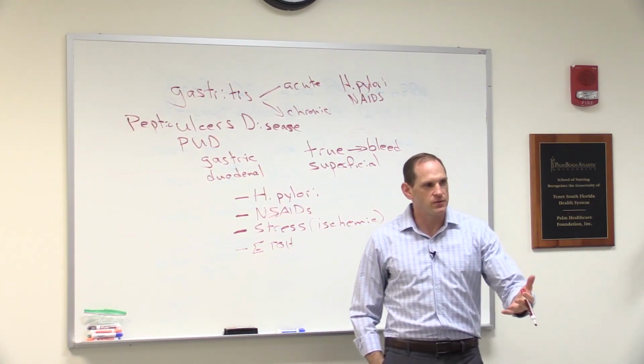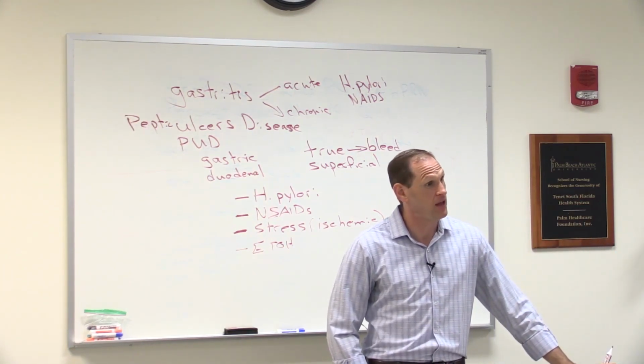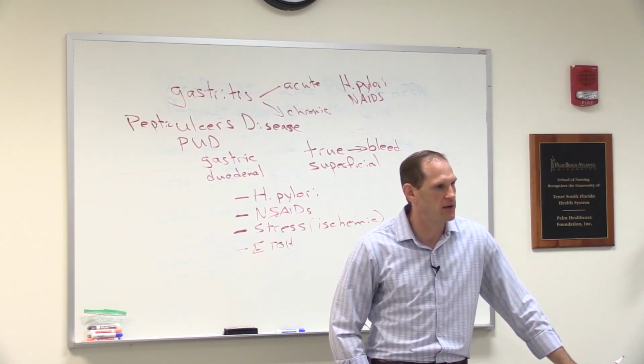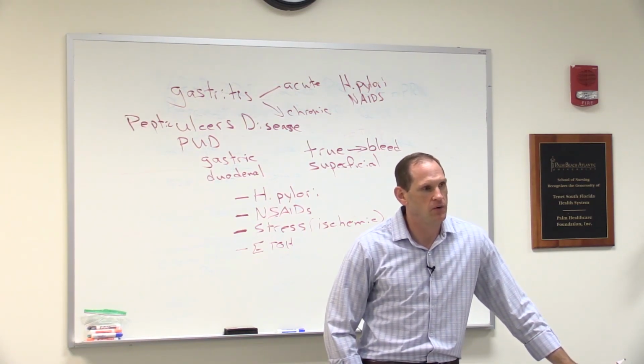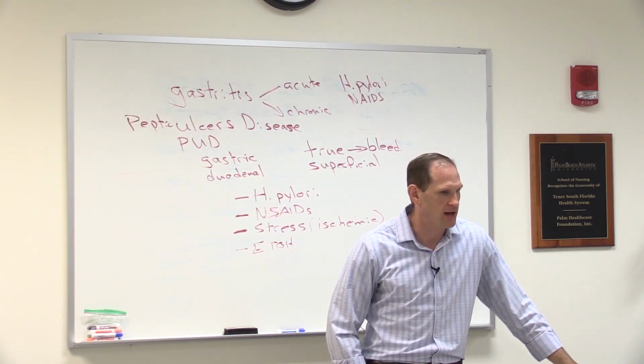So the antibiotics, you don't need to know the antibiotic regimen for the test, but I'm going to tell you that there's a couple different ones. One of them is you can give amoxicillin, and another one is a macrolide.